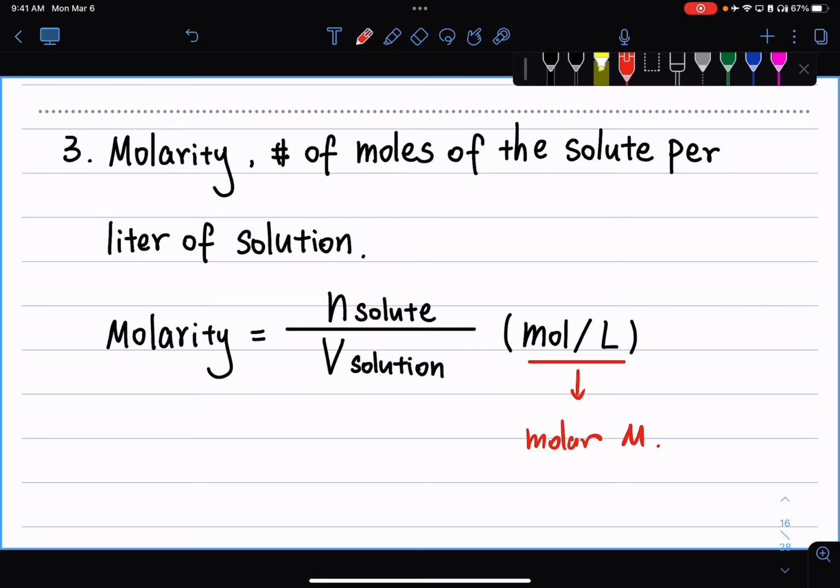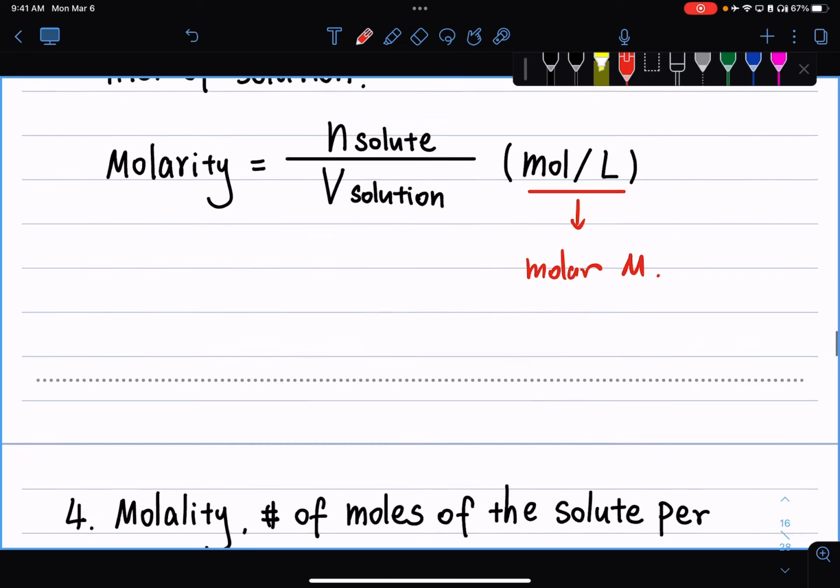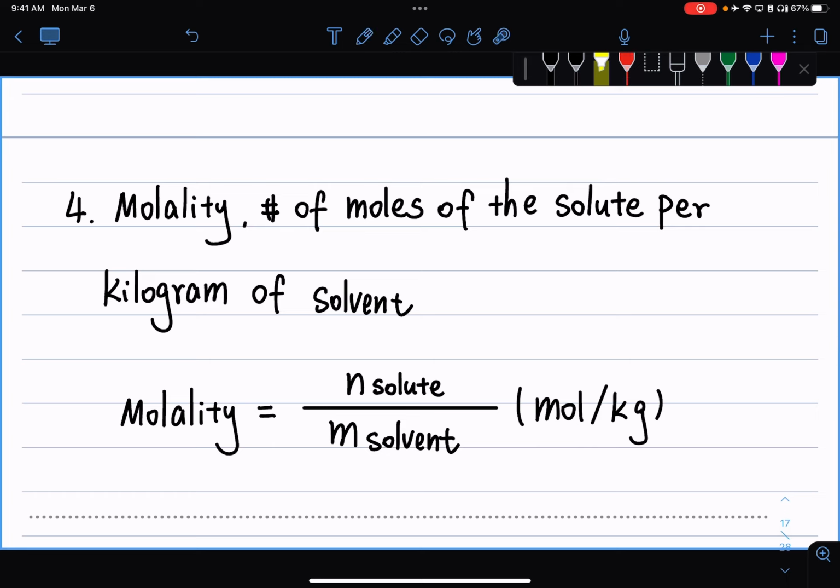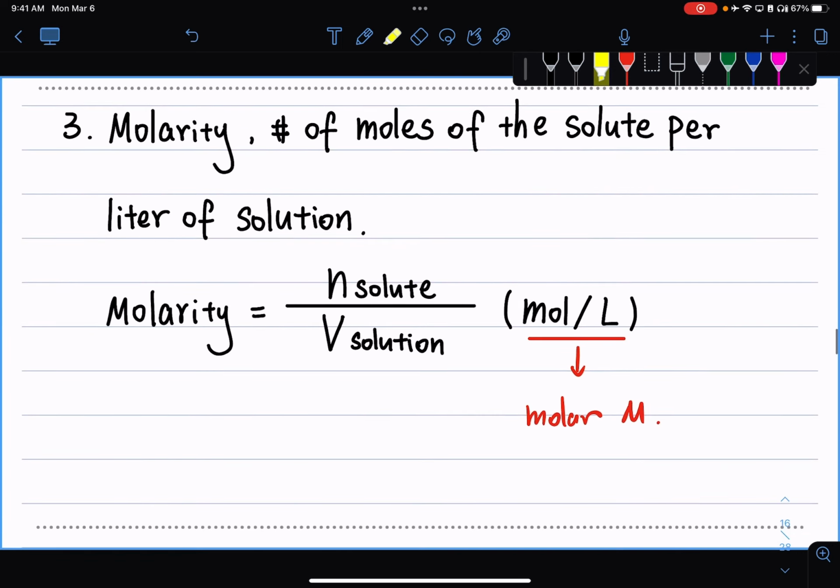At the very end, in analytical chemistry, we could also use the number of moles of the solute per kilogram of the solvent. That's the molality. Molarity talks about the number of moles of the solute per volume of the solution.